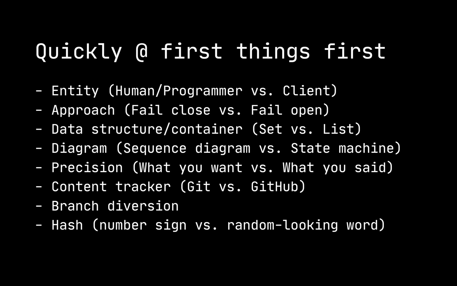What's a hash? You might have seen the hash symbol or pound symbol, but that's not the hash which Git typically talks about. It's a random looking word, for example an alphanumeric string like A1, B2, C3 and so on. So we want to be sure that we know at least these things in order to better follow the video.